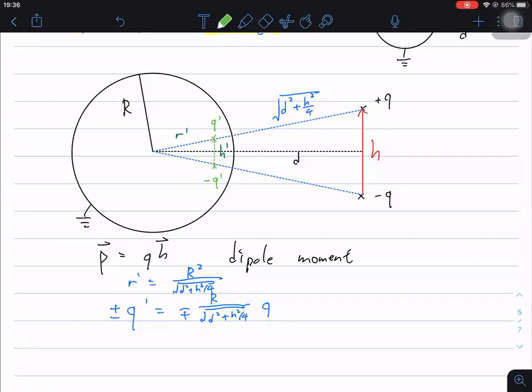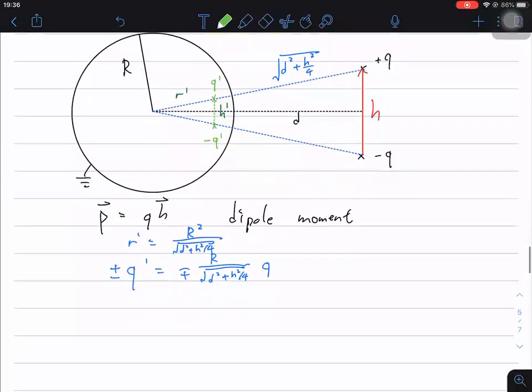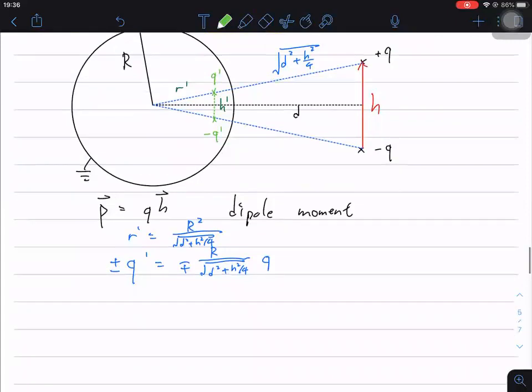But you should notice that not only does the magnitude of the charge change, the image charge has another scaling factor, R over the square root of d squared plus h squared over 4. Also, the distance between the two charges, Q prime and minus Q prime, is not h. It also changes, so we should also consider the value of h prime.